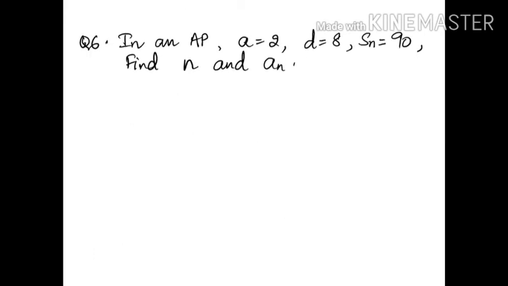Question number 6. In an AP, a is equal to 2, d is equal to 8, and the sum of n terms of the AP is 90. We have to find n and the nth term of the AP. Using the information a equal to 2 and d equal to 8, let's write down the sum of n terms.